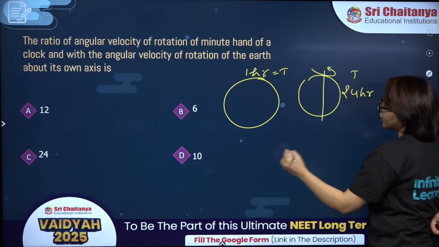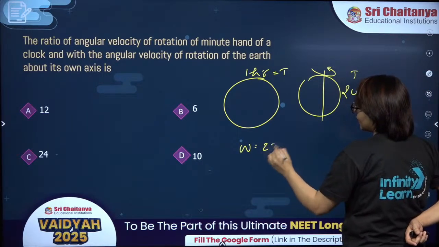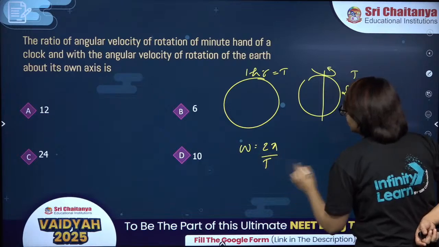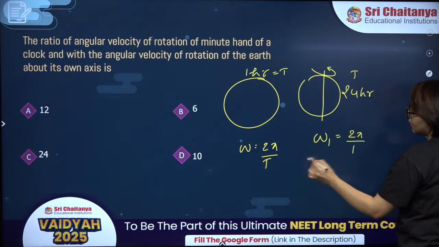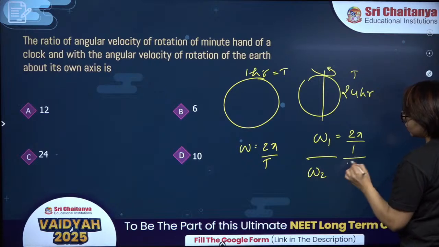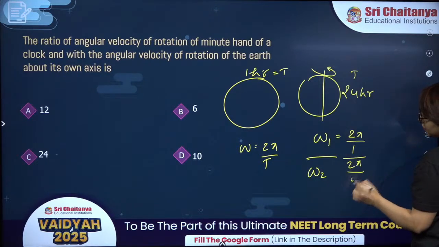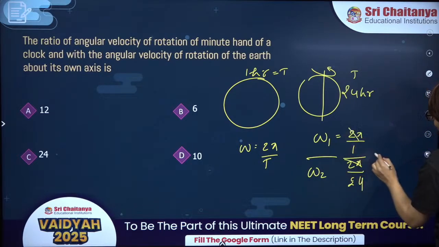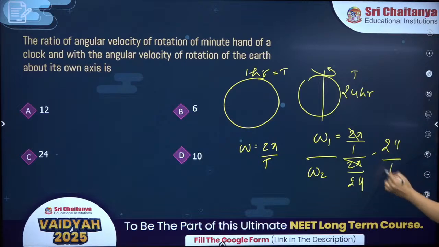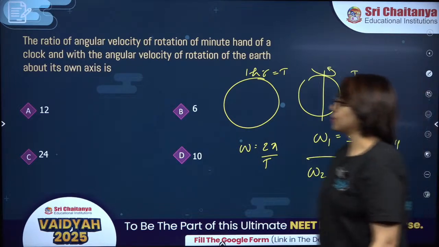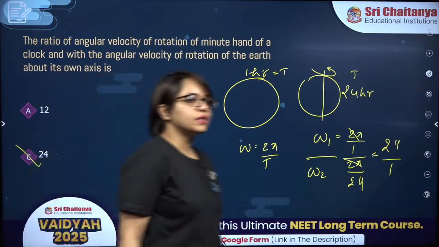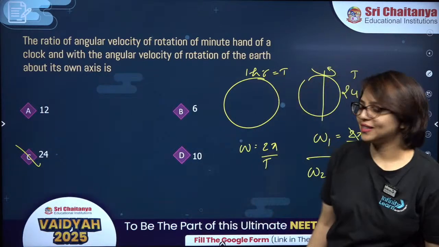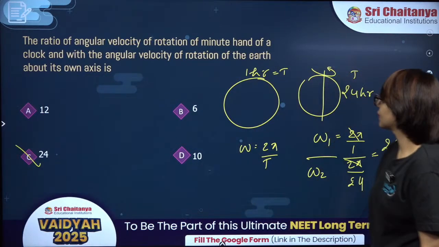So how do we find angular velocity? It is 2 pi by time period. So for minute hand, omega 1 is 2 pi by 1, divided by that of earth, which is 2 pi by the time period of earth, which is 24. 2 pi cancel, so it is 24 divided by 1. So the ratio is 24:1, which is option C. Option C is the correct answer, बच्चों. ठीक है? All right.